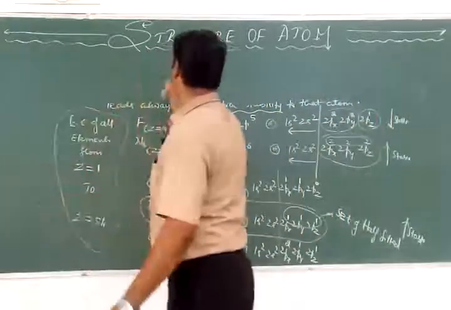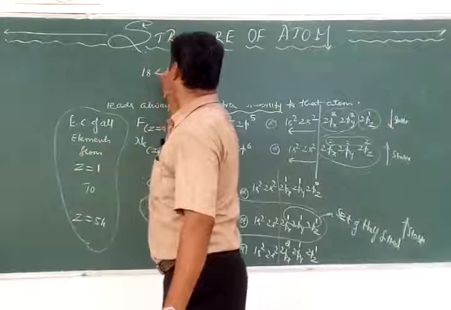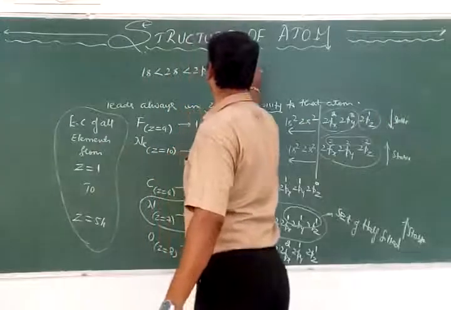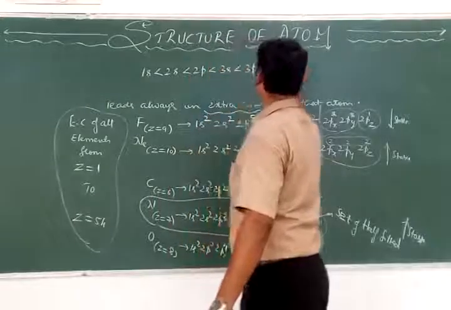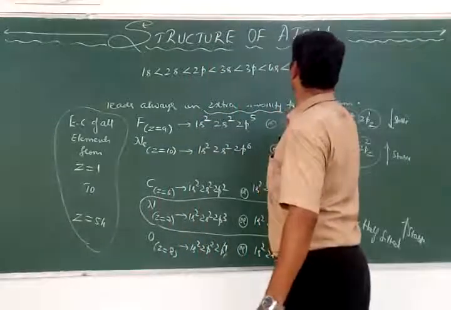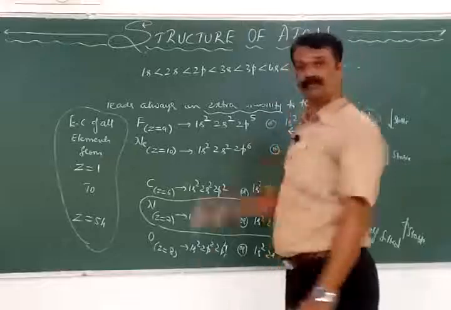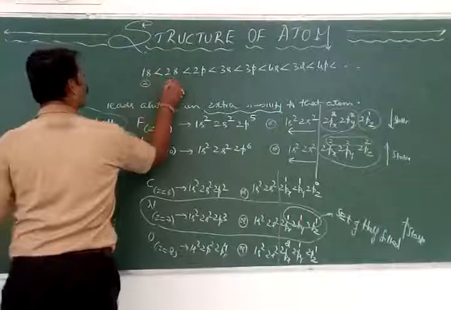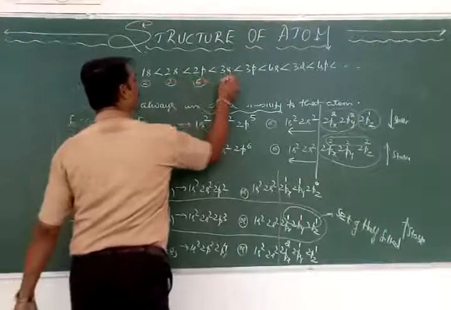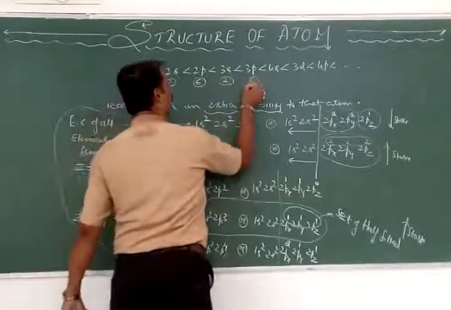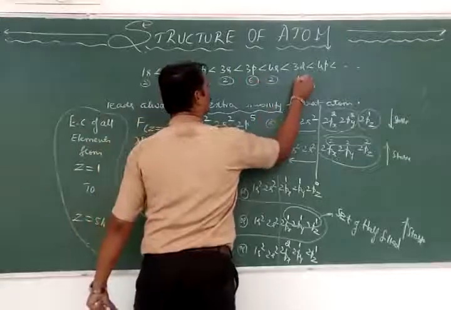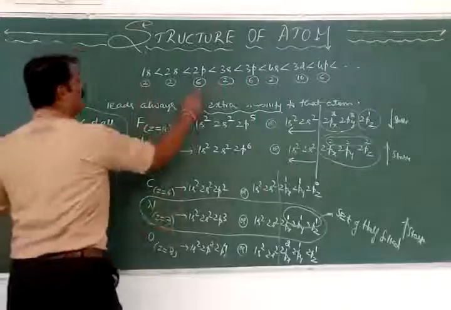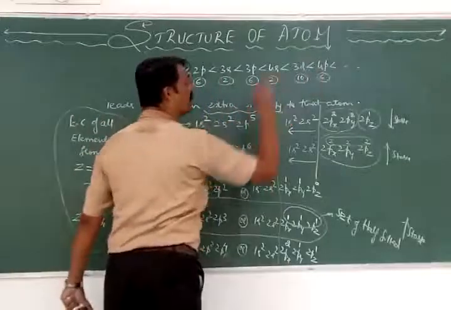The order is 1s less than 2s less than 2p less than 3s less than 3p less than 4s less than 3d less than 4p and so on. Here s can accommodate 2, p can accommodate 6, and so on: 2, 10, then 6 more, making 10, 20, 30, 36.